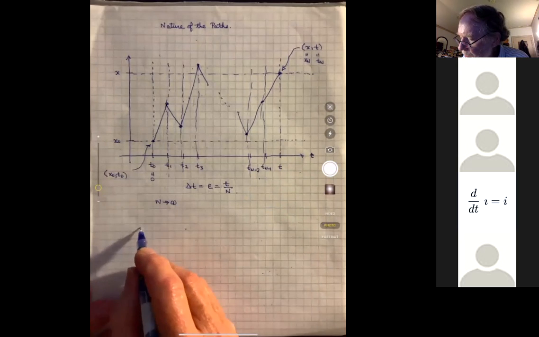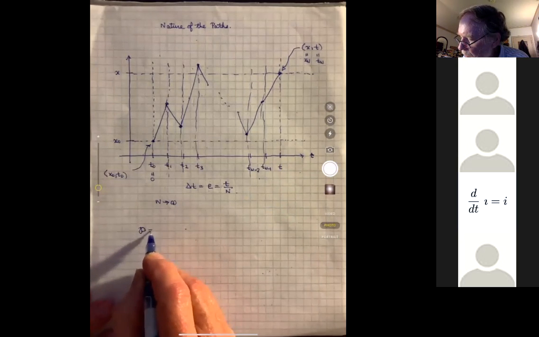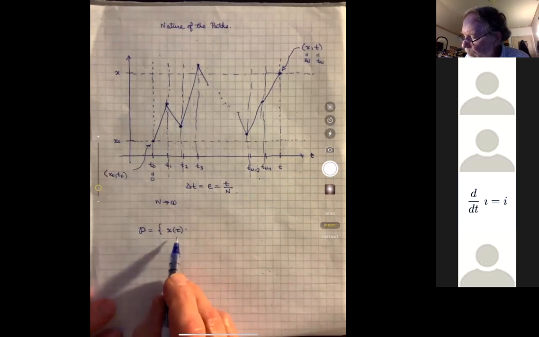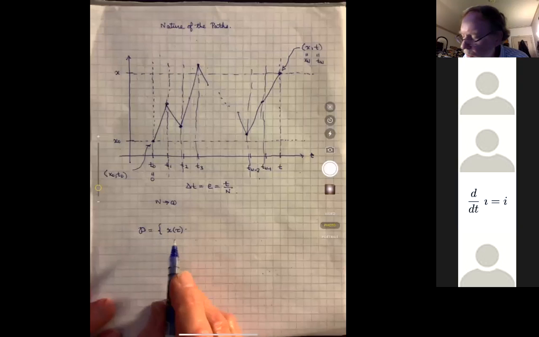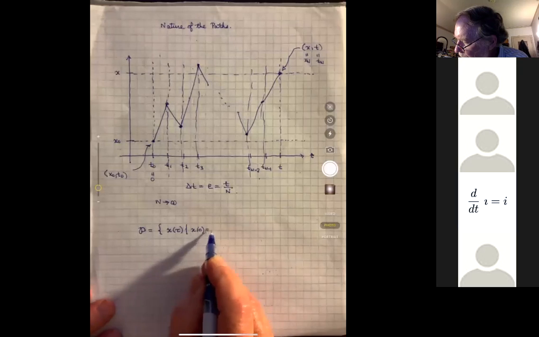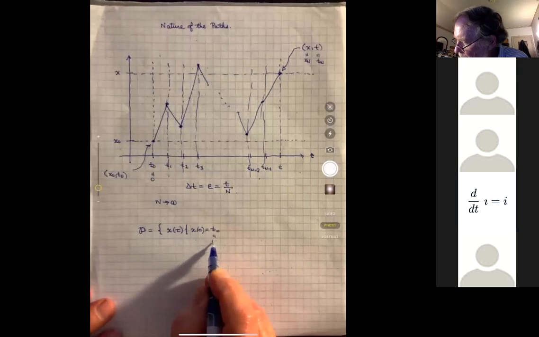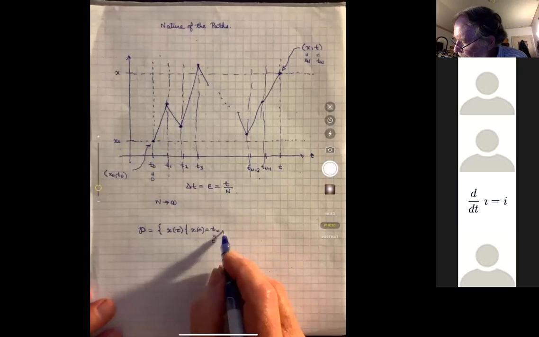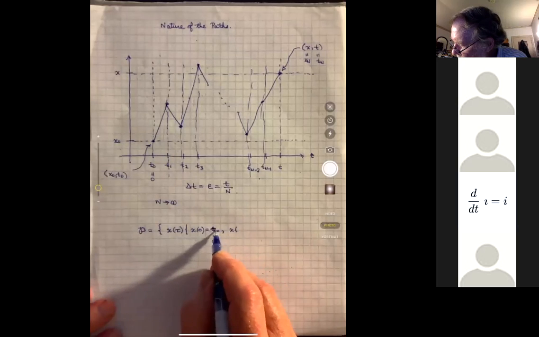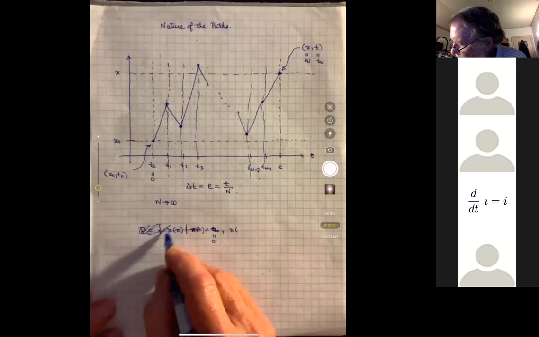There's a path space that emerges here. Let me call it script P. The path space is a set of paths x of tau. Let me call the time-like variable upon which x depends tau, which has the properties that x of 0 is equal to t0, which for us is equal to 0 because I'm simplifying things. Sorry, let me do it right.